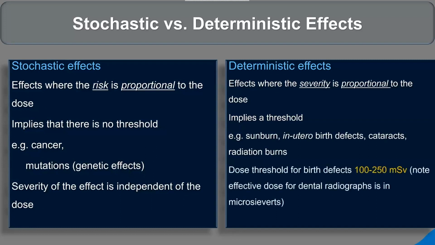Now, the threshold at which we will see in utero birth defects is actually 100 to 250 millisieverts. Remember, we've been talking about microsieverts. So in dentistry, we are orders of magnitude below where we would see any type of in utero birth defects.